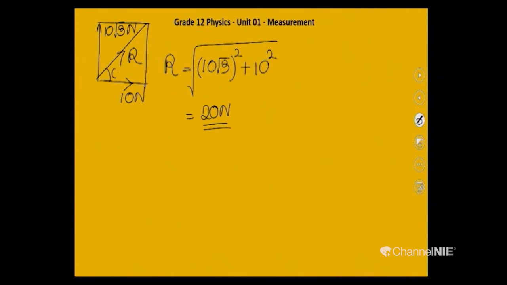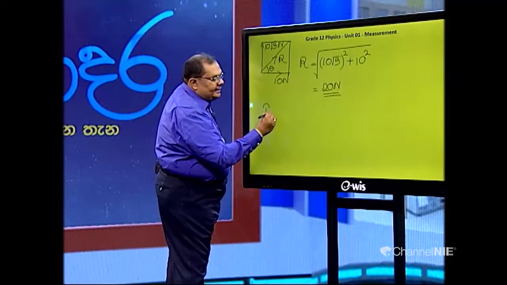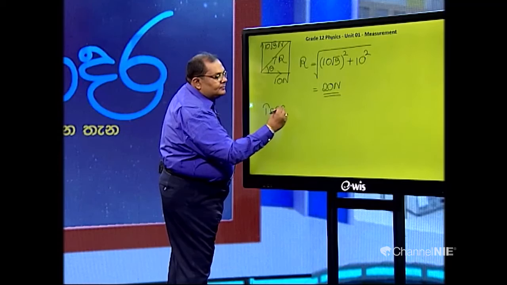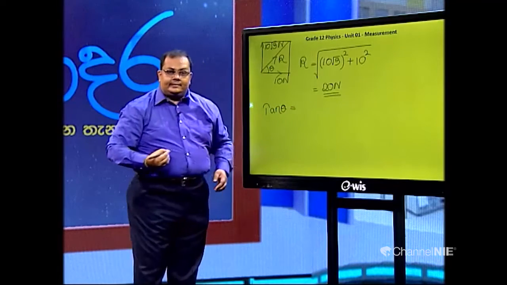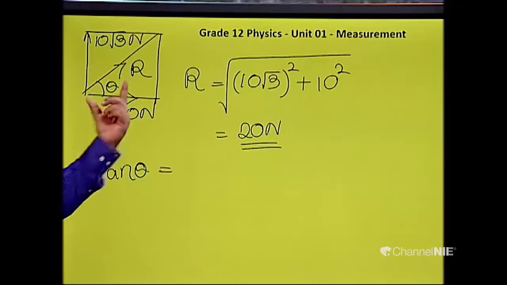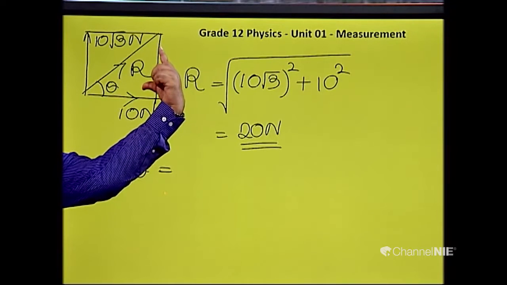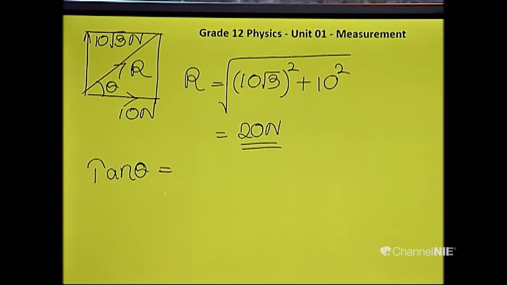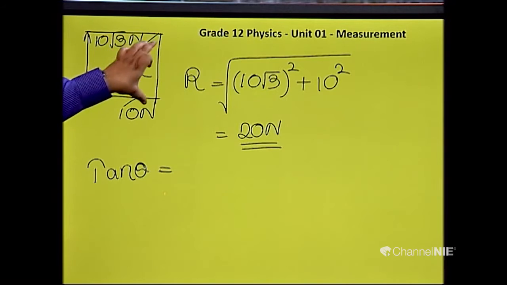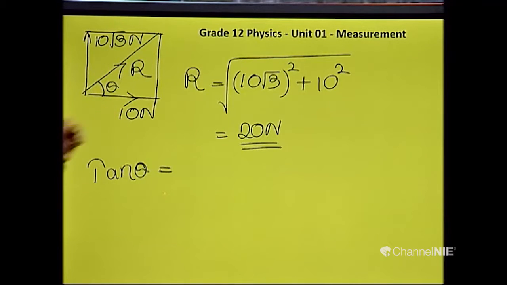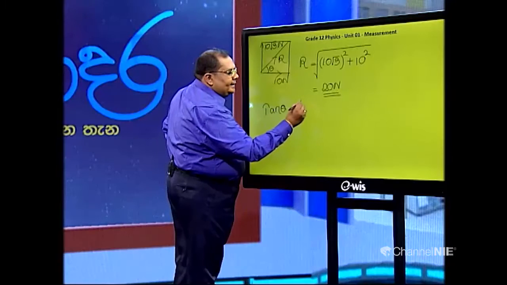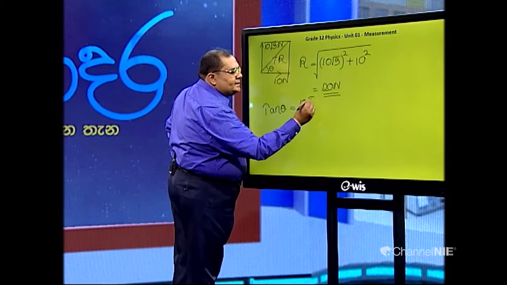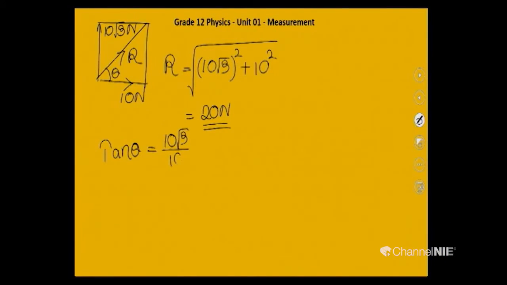Theta. Tan theta equals opposite over adjacent. You know that? Now opposite is this side. According to the equivalent vector principle, this one and this one should be the same. Then opposite over adjacent, 10 root 3 over 10, it's root 3.